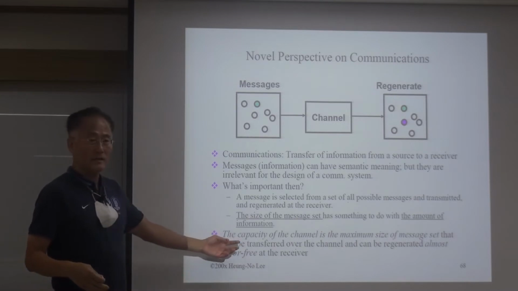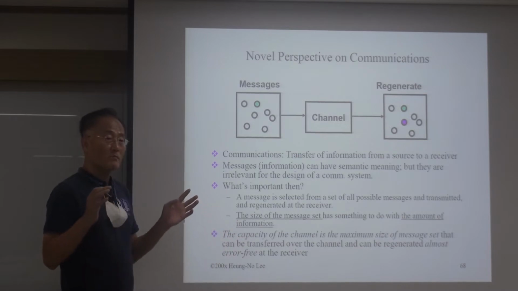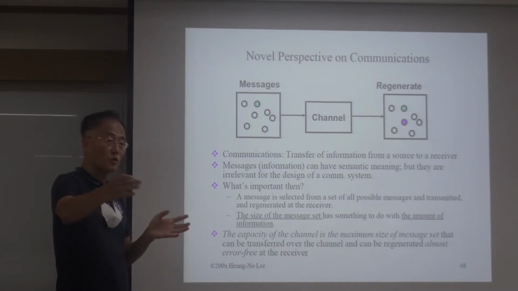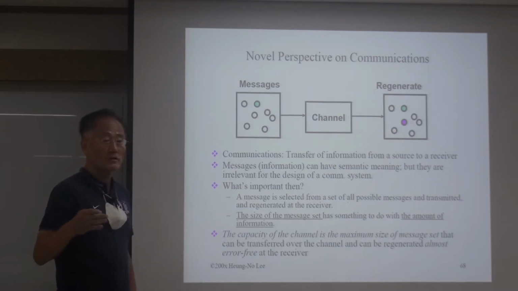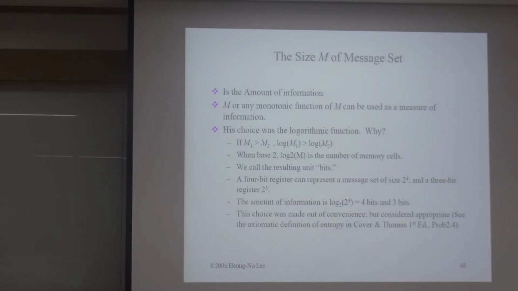And Shannon's capacity means how much information can you transfer over this noisy channel almost error-free. That's the meaning of capacity here. We will spend the whole semester basically proving this single statement. So we are approaching this little by little.